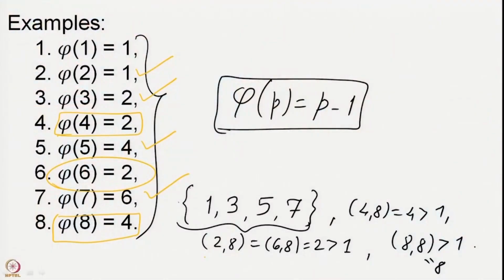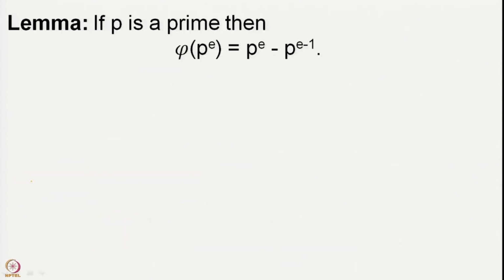So, to be able to compute the values of this Euler phi function, what we are going to do is have a result which allows you to compute the phi values for a prime power, which will explain all the terms here in this table except the term phi of 6, the Euler phi function at 6, which is equal to 2. So, that is a very nice result.